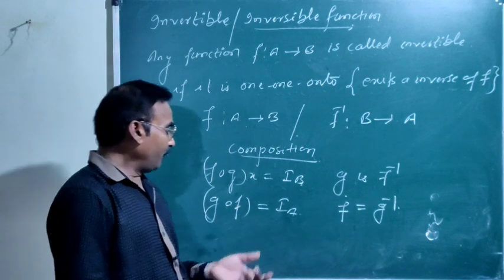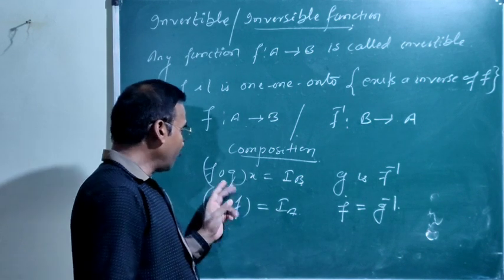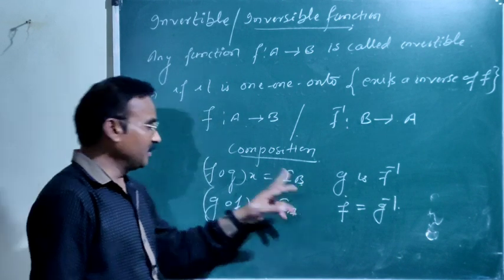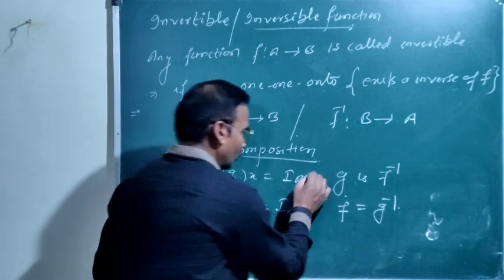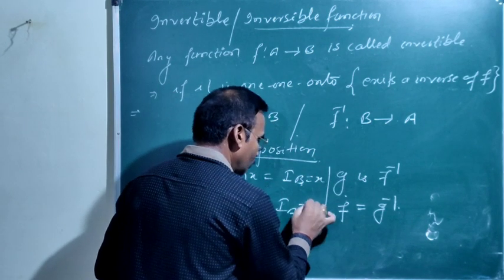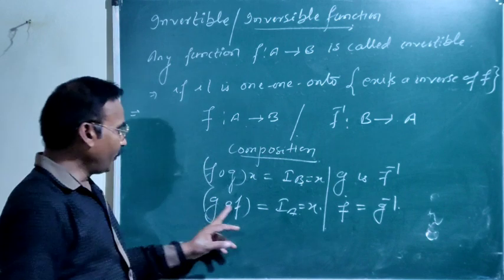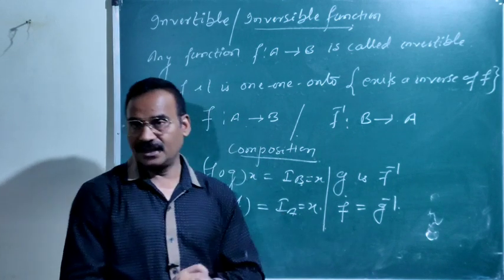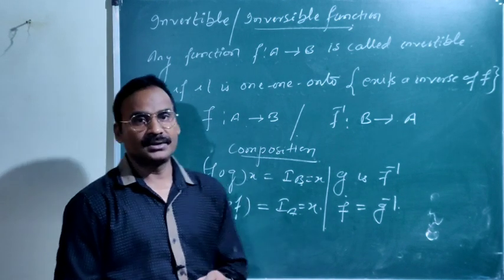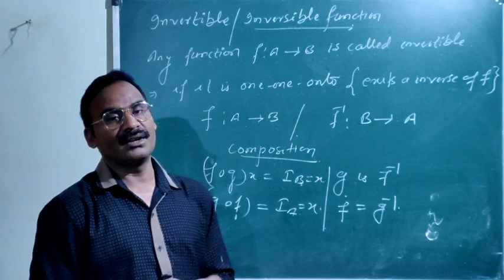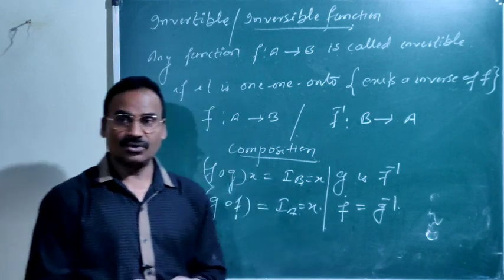Meaning if you prove fog(x) equals I_b, the identity function, equal to x, and gof equals I_a, equal to x, then it will be proved that it is an invertible function.